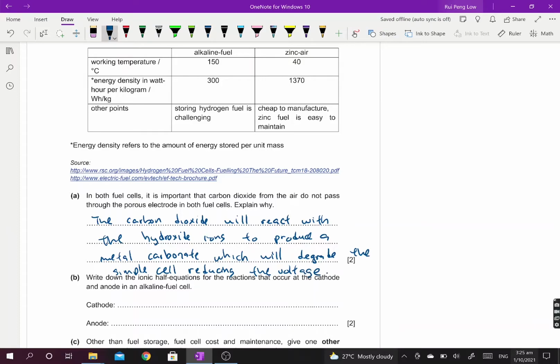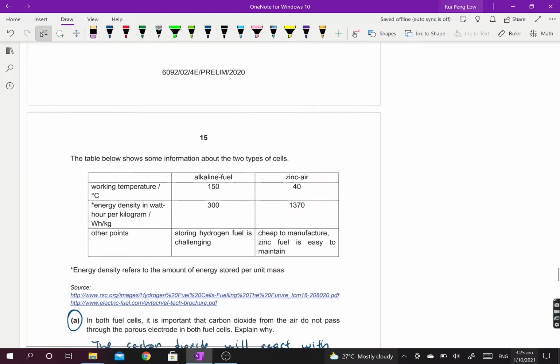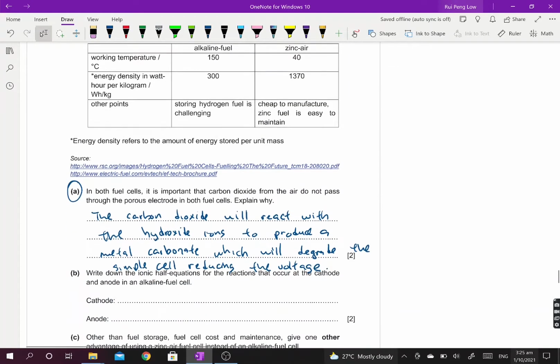So basically, question A, you cannot answer it without reading the question and without reading the data. So it is something like your comprehension.